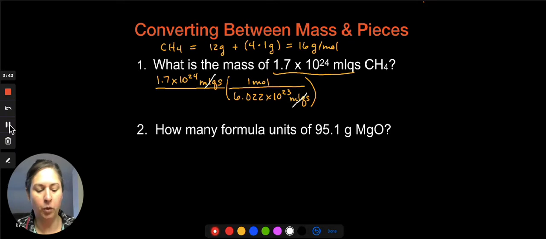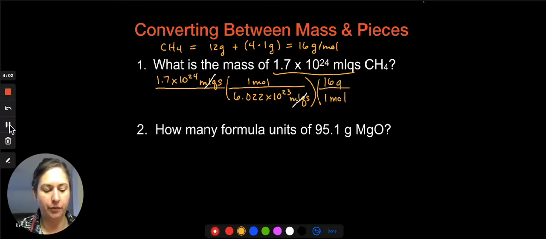I'm left with moles. Whatever is on the top in the previous step is what goes on the bottom in the next step. So now I want to go from moles to mass, and I use the molar mass. For every 1 mole, we have a mass of 16 grams.